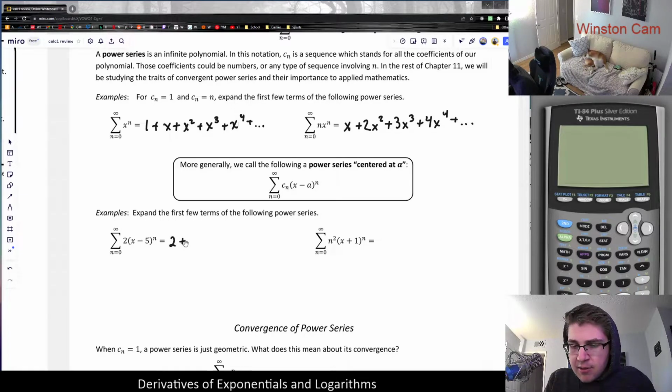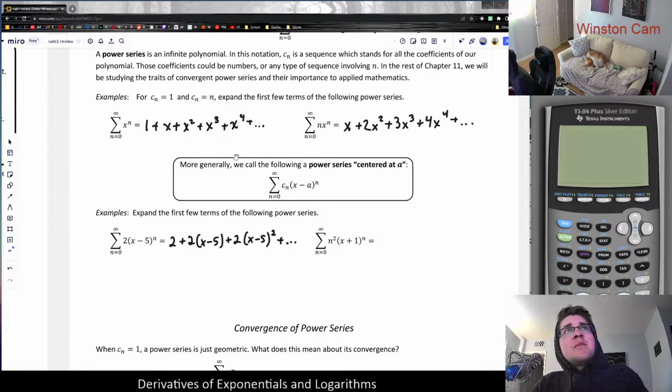The second term would be 2 times x minus 5 to the first power. Then we'd have 2 times x minus 5 squared, and so on. This particular power series has a very similar flavor. Instead of each term having a consecutive power of x, we're just multiplying by x minus 5 as each term in the power series progresses.